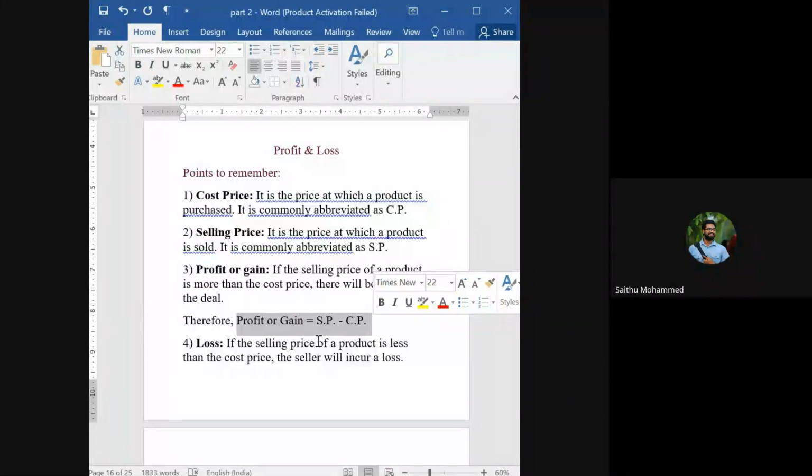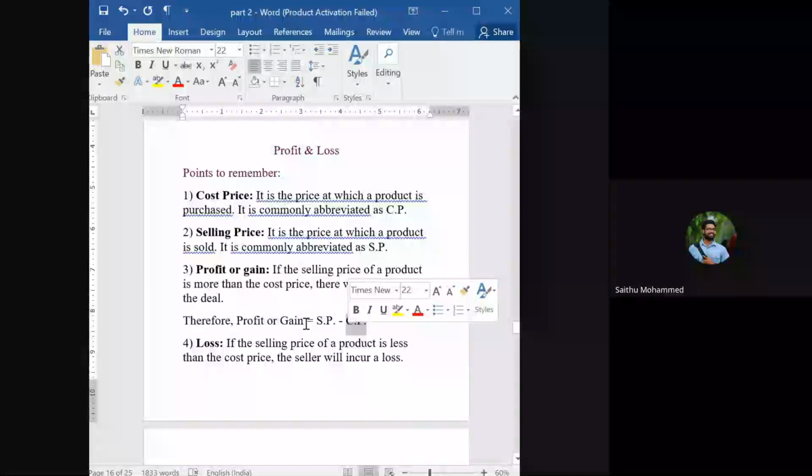Cost price is, yes, we have bought something to resell it or sell it. So what is the amount at which we have bought that particular item? That is what is called cost price, or the making cost, whatever it is. If it is related to cost, that is what cost price is. Most of the time you will be asked whether it is a profit or a loss.